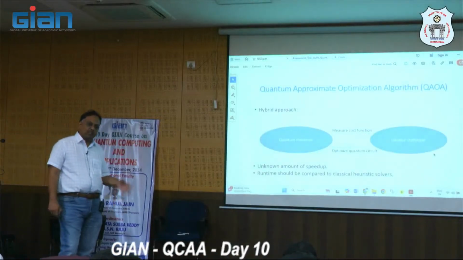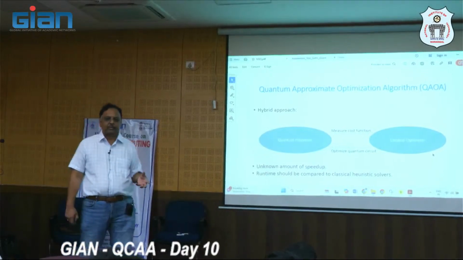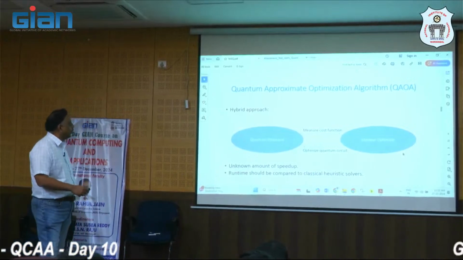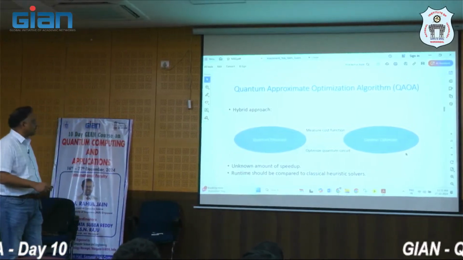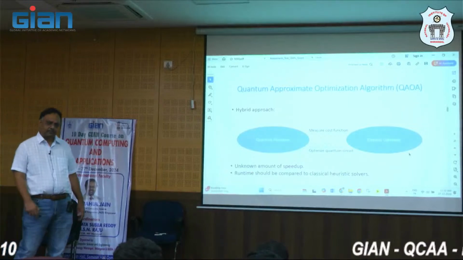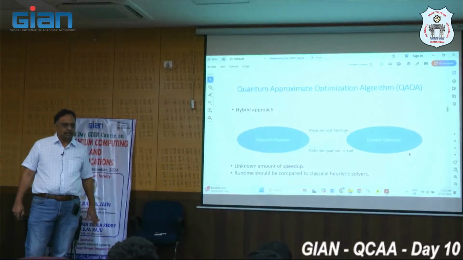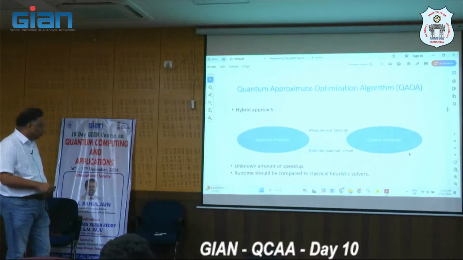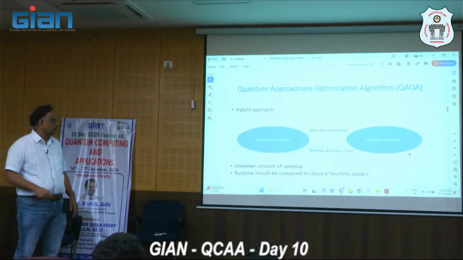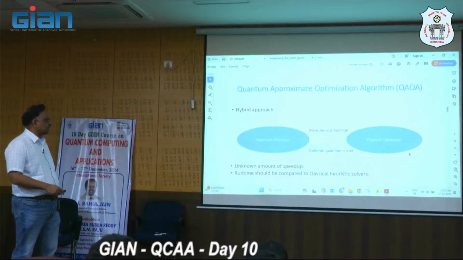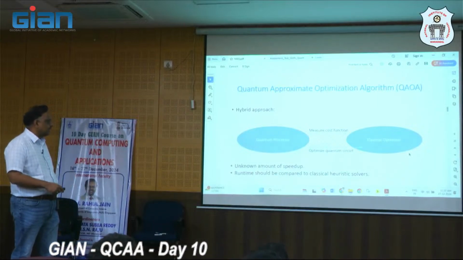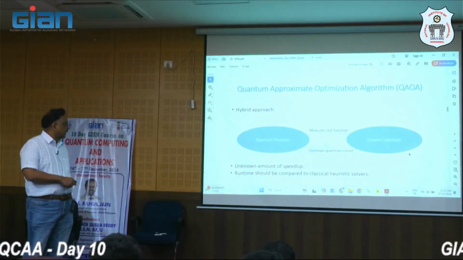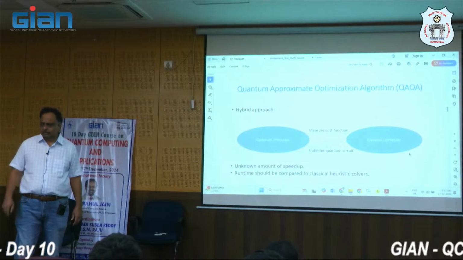Now again, for solving such optimization problems, people are trying to come up with a hybrid approach. That is what is called QAOA, the quantum approximate optimization algorithm. Again, a hybrid approach. You do quantum processing for a while, measure some cost functions, run a classical optimizer and optimize your quantum circuit, run it for a while, measure, and do it like that.